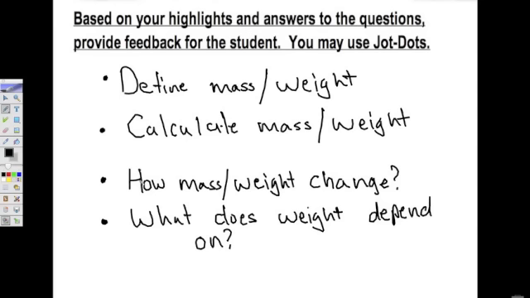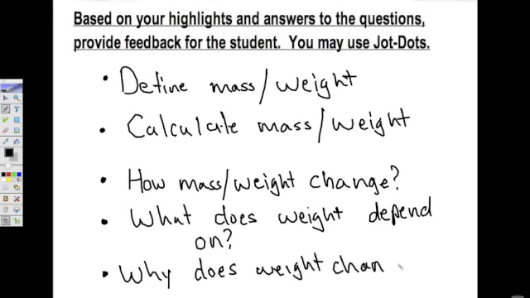Or another way to ask this question is, why does weight change? Those are 3 questions that I hope you came up with when providing feedback for the student. What you need to do now is go back and answer those 3 questions. Please pause the video now to answer those 3 questions on your writing prompt.